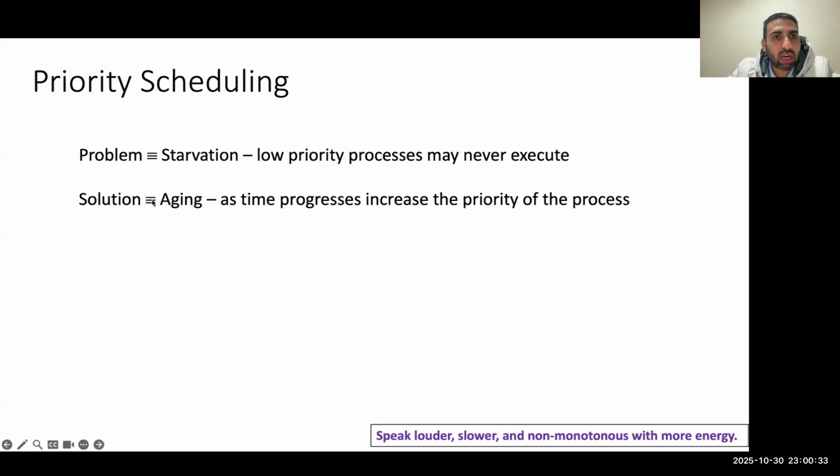Now, priority scheduling can end up having some issues, and one of them is that a process can suffer from starvation. What does it mean?